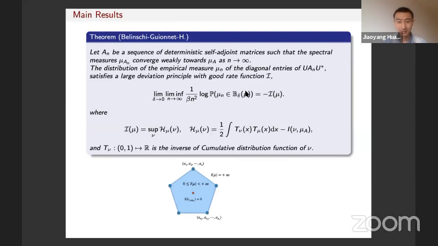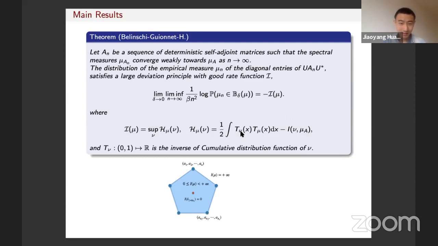The probability is taken in a ball, mu_N close to mu, in a delta neighborhood of mu. Here, for the metric, you can use any metric which is compatible with the weak convergence. The rate function I(mu) is given by the sup of another object h(mu, nu), where the sup is taken over all possible probability measures. And h(mu, nu) is given by one half the integral of T_nu times T_mu, minus the asymptotics of the spherical integral I(nu, mu A).